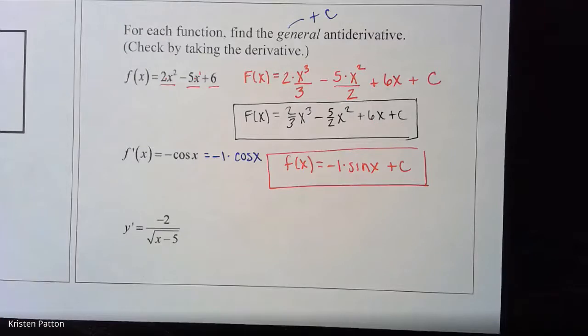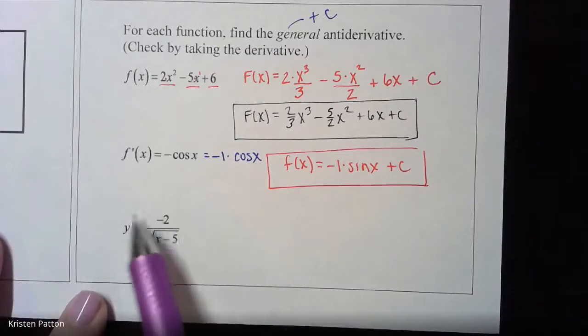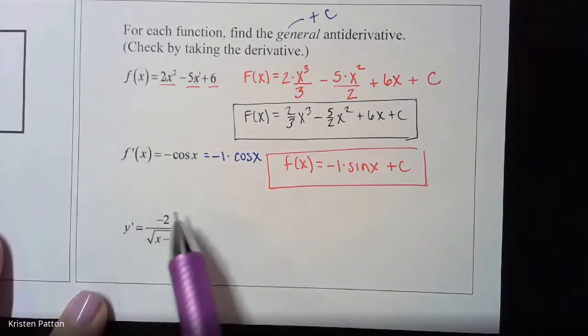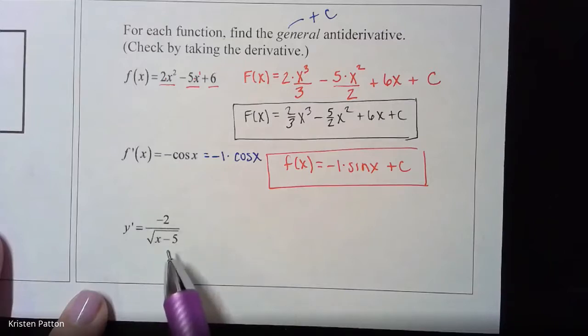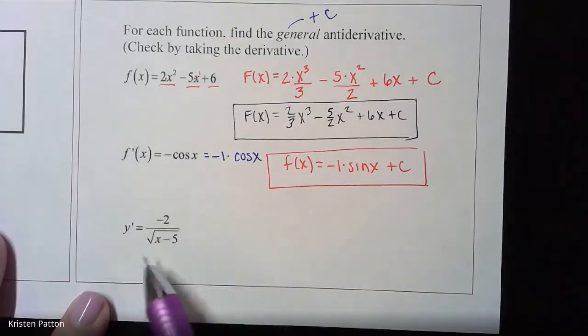All right, let's talk about this third one here. If I were going to, I'm not going to, but if I was asked to find the derivative of this, what would I do first? Seth, can you help us out here? If we were going to take the derivative of this, what might we do first?